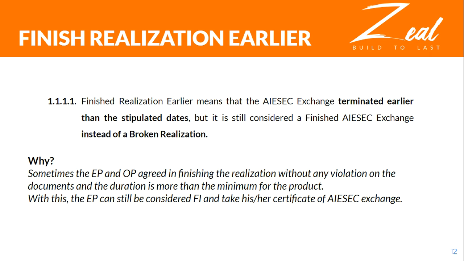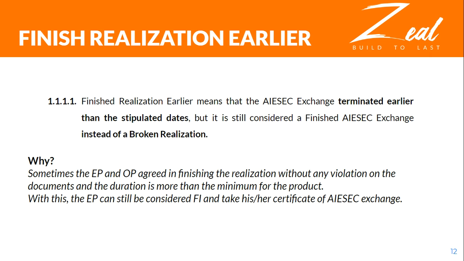Changes are good. We talk about two main changes. The finish realization earlier. What changed is that now an EP can finish the realization earlier when the minimum is done and it will still be finished. Finish the realization earlier means that the AIESEC exchange terminated earlier than the stipulated dates, but it is still considered a finished exchange instead of a broken realization.